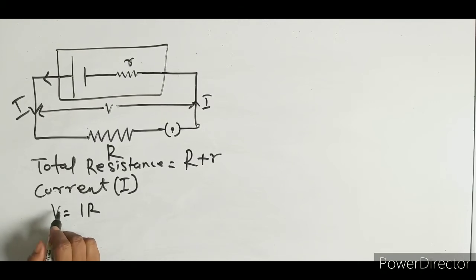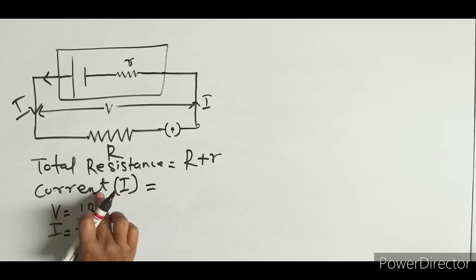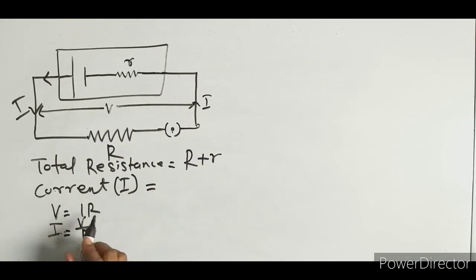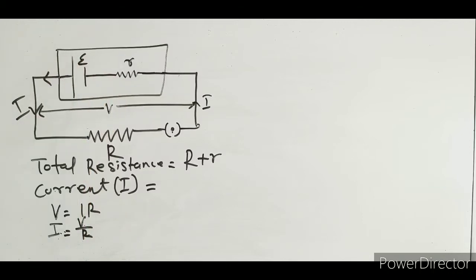Now V here is equal to E. V is the potential difference, and E is also a potential difference, so in place of V we can place E. If I write the formula, I equals V by R, since V equals IR. I will put the current value here, but here we are not taking potential, rather this will be epsilon, the EMF.